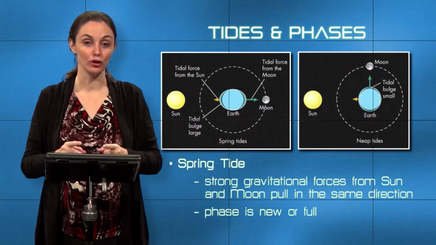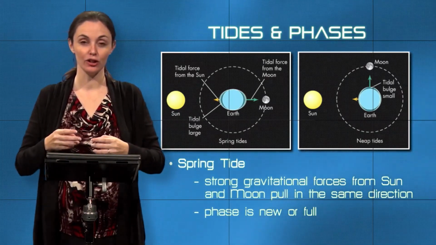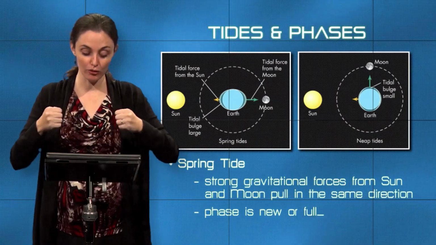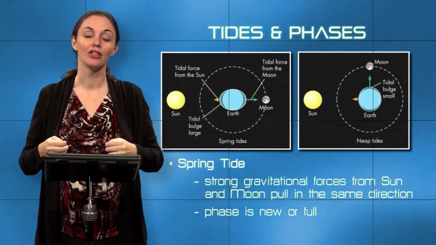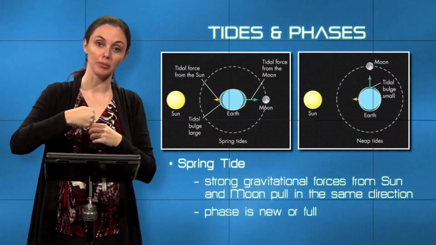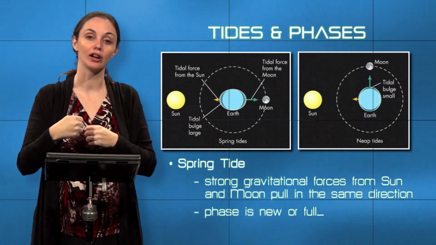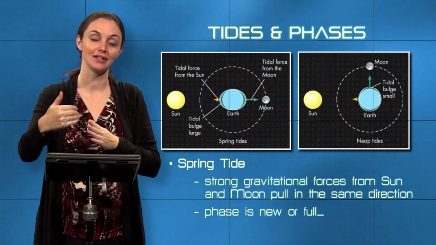When you have either a new moon phase or, as it turns out, a full moon phase, then you're taking the water on Earth, and both of those things are pulling on Earth's water in the same direction. The sun, let's say if you're dealing with the new moon phase, the sun might be pulling on Earth's water in the one direction, and the moon is basically, from our perspective, located in that same direction.